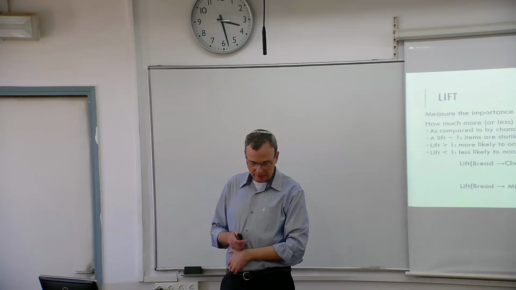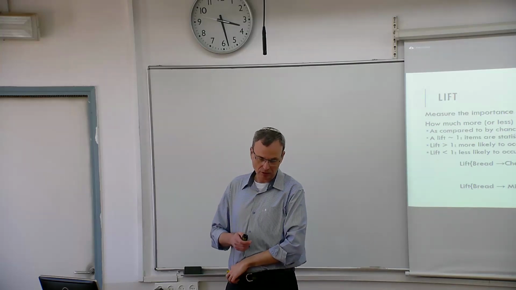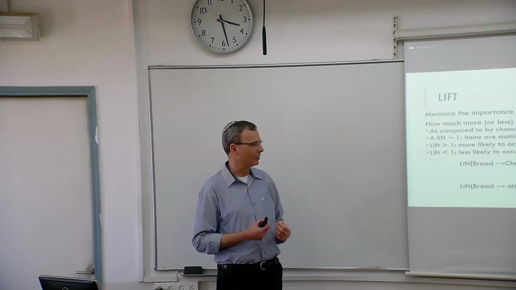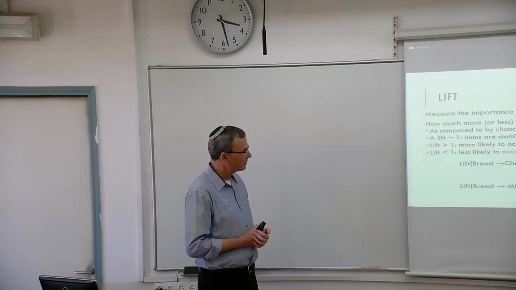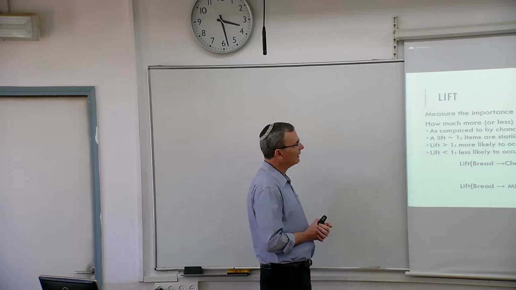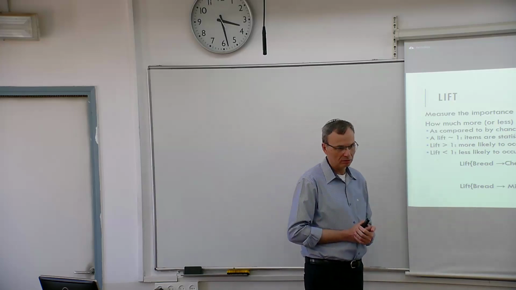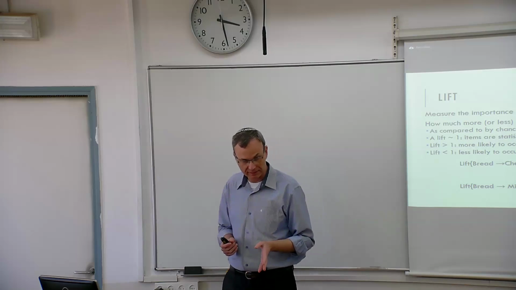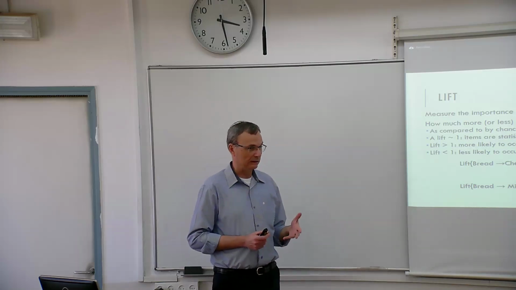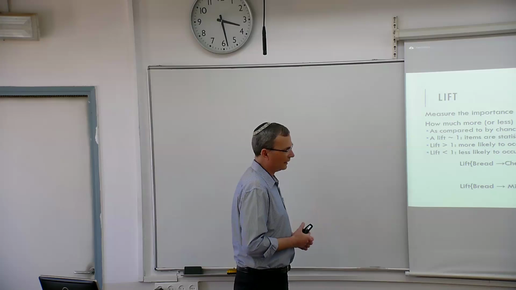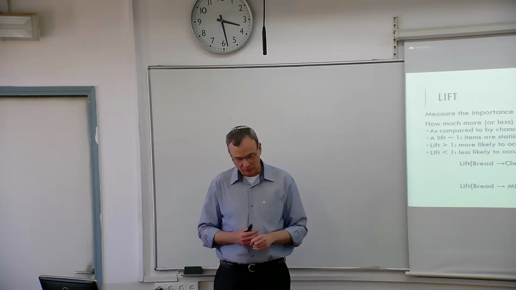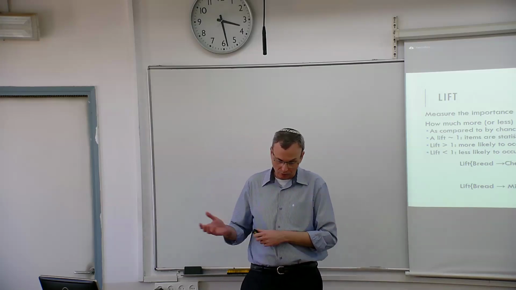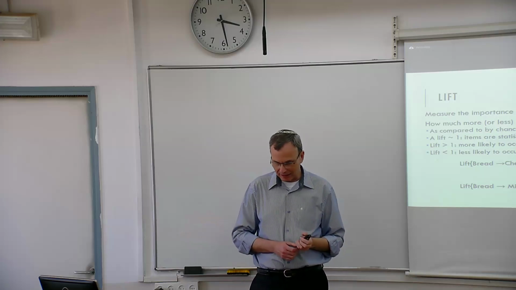And the third rule that people calculate in order to decide whether this is a solid rule or not is called the lift. Lift measures the importance of the rule. So we found a rule and we have very good confidence with it, but is it important? Is it a real rule? Put another way, how much more or less likely are the items in a given rule to appear together?